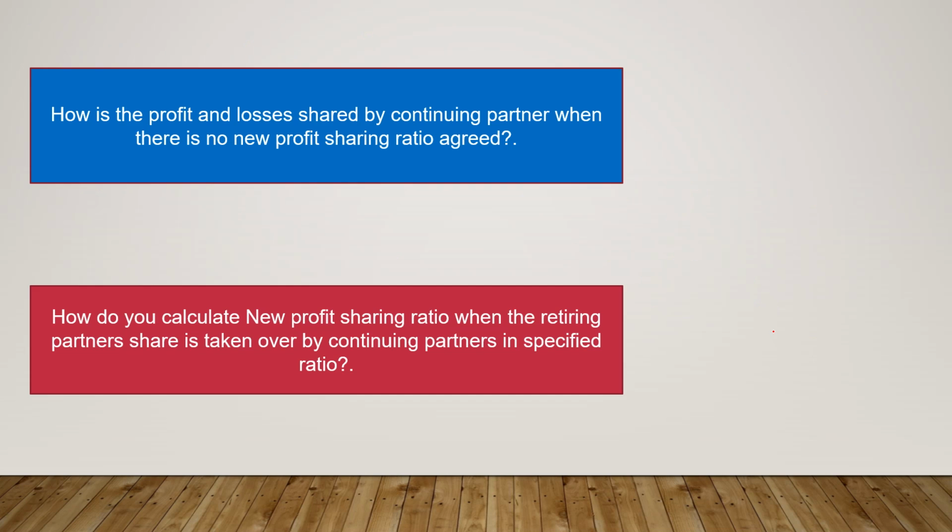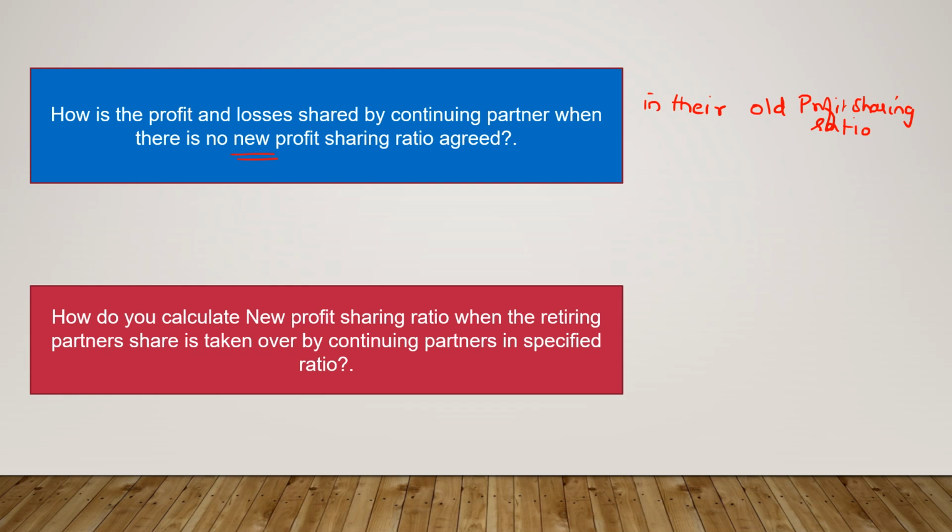So continuing partners are going to share, if no profit sharing ratio is given, in their old profit sharing ratio, the ratio between them, whatever was there before the retirement, that would continue to be there.